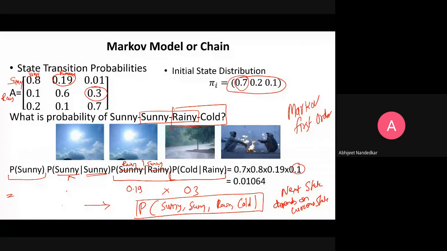Suppose I say second order, that means the next state depends on the current state and the previous state. Things will be more complicated, but this is a simpler Markov chain where the next state depends only on the current state.